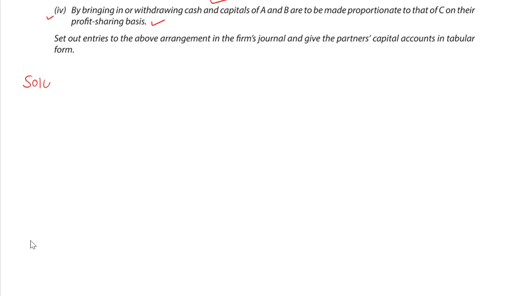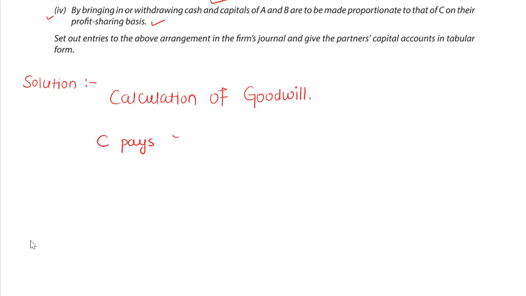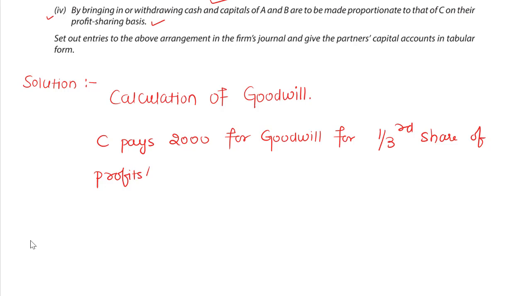Solution. Calculation of goodwill. C pays 2000 rupees for goodwill for one third share of profits or loss.